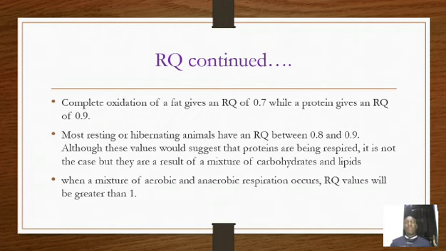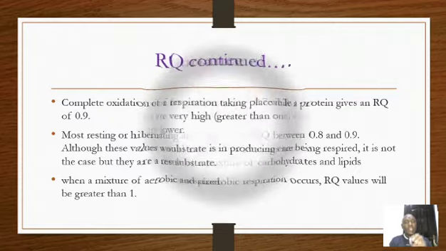That is why we are saying that an RQ of 0.8 in hibernating animals indicates that it is a mixture of carbohydrates and lipids being respired, not necessarily proteins. So this applies in those animals that are respiring. However, we are also going to see that RQ indicates the type of respiration taking place.